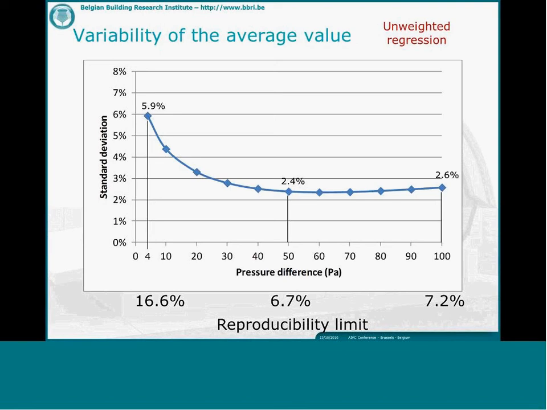And the reproducibility limit for measurements at 50 Pascals is now about 7%. So it means that the absolute difference between two measurements made by two different people can be expected to be less than or equal to 6.7% with a probability of 95%.